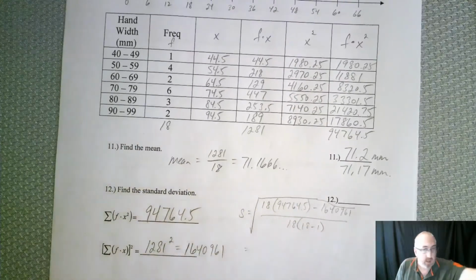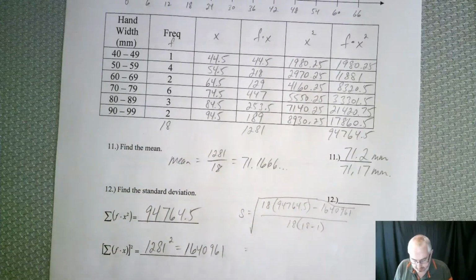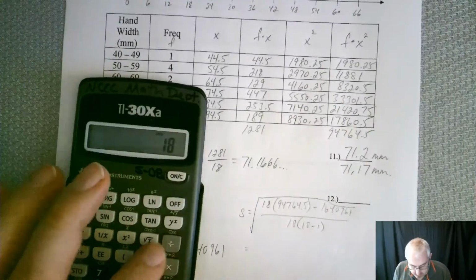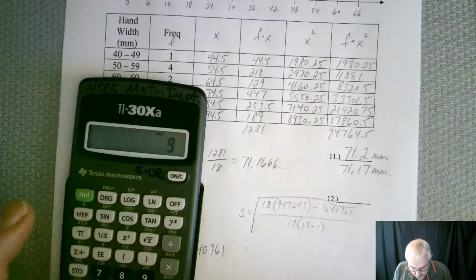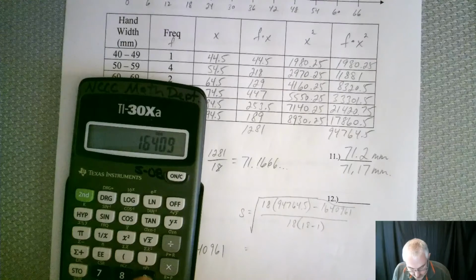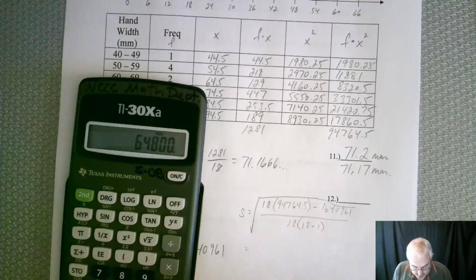All right, so let's get our calculator out here. So if we got 18 times 94,764.5, that gives you that. Let's subtract the 1640961, gives you that.